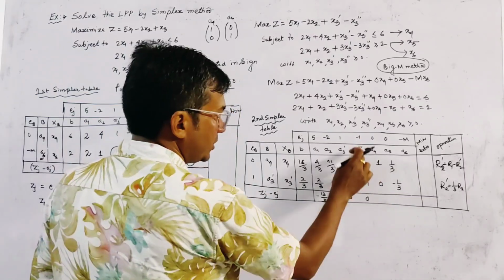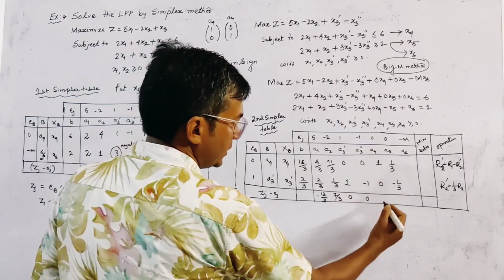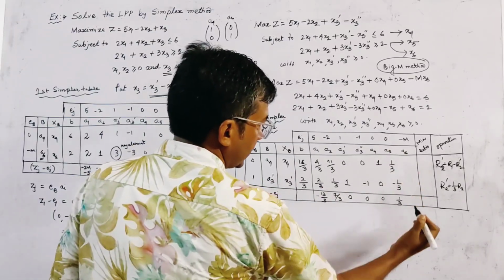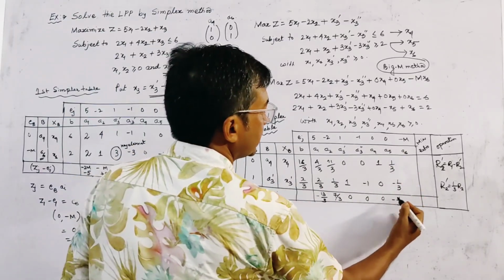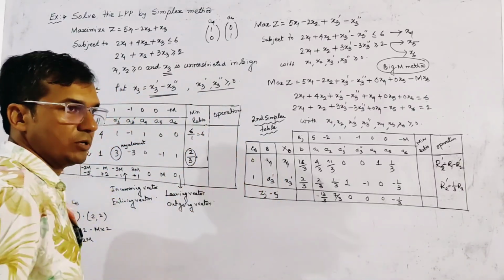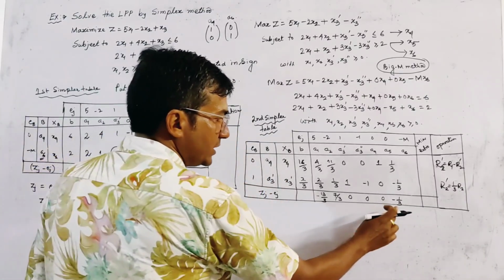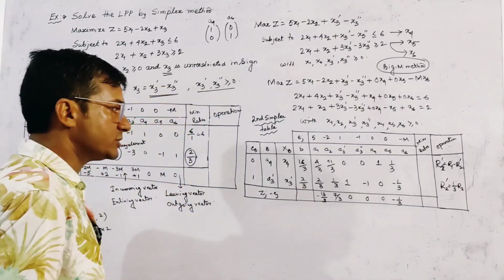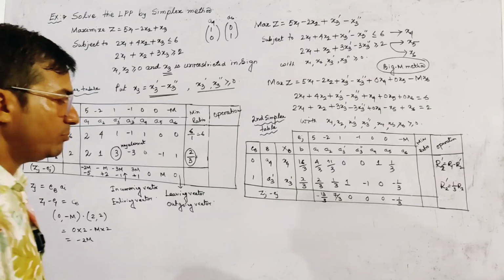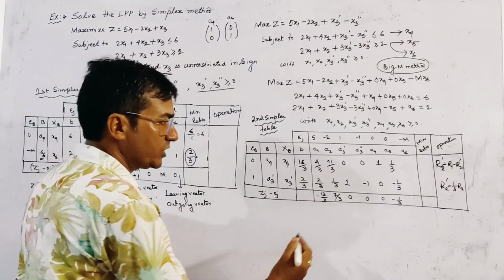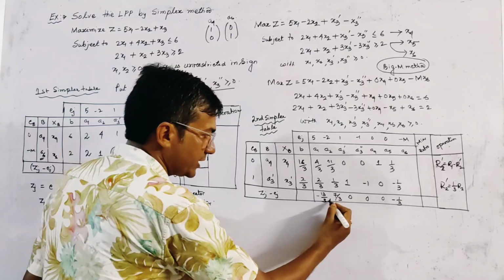This is -1 plus 1. This is 0, and this is 1/3. Sorry, this is -1/3, and we get here two negative net evaluations, in the first and in the last, and clearly this is the most negative net evaluation. And since -13/3 is the most negative net evaluation, this is the entering vector.